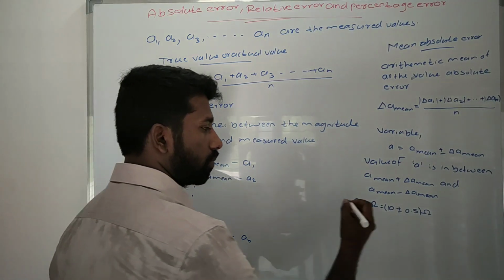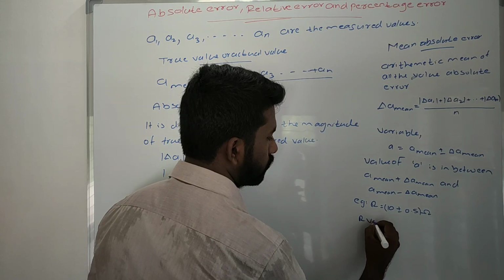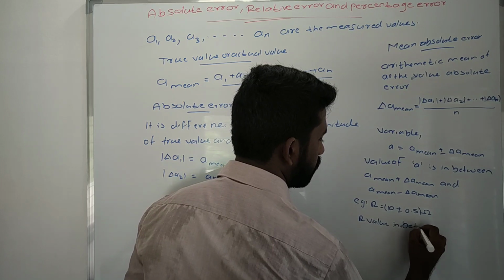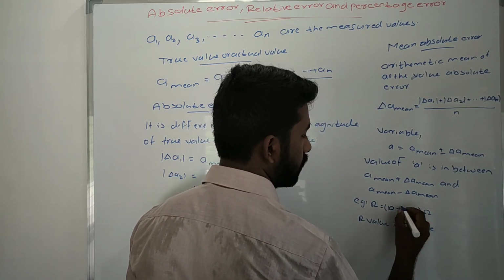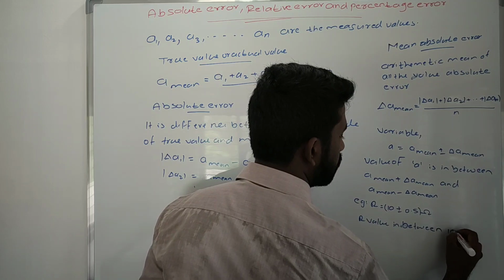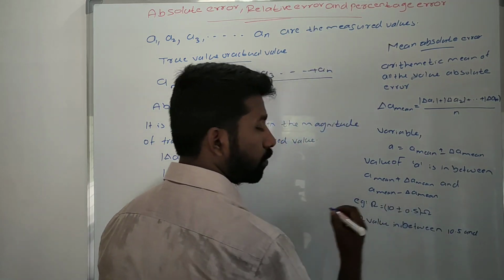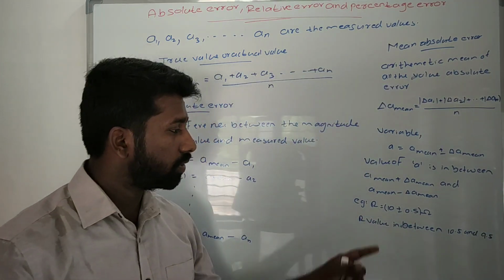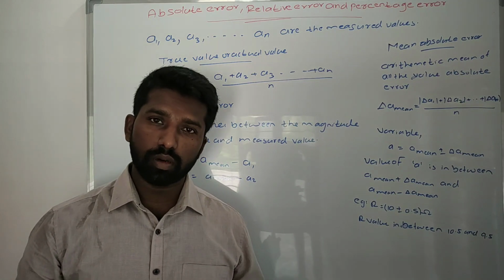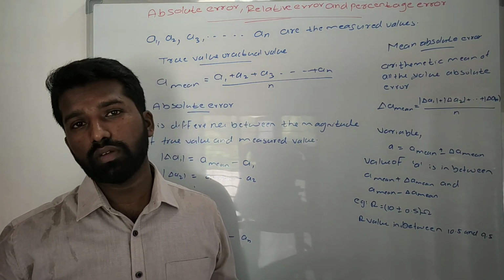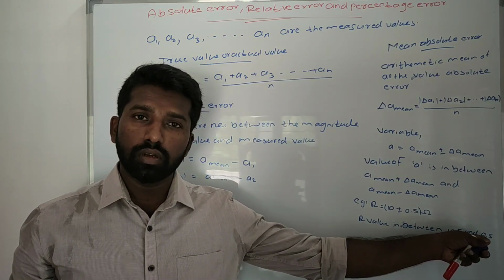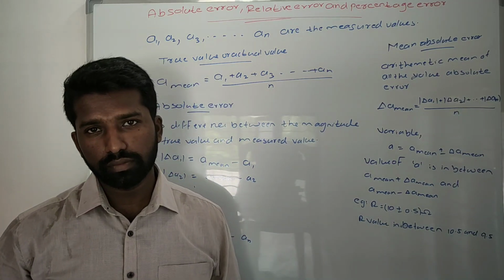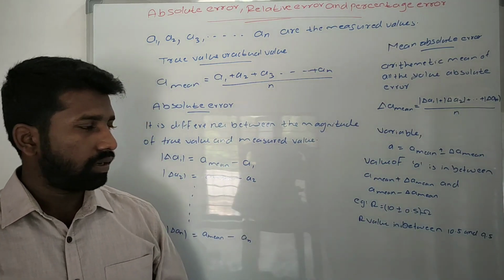If any other person measures, the R value is between 10 plus 0.5, that is 10.5, and it may decrease to 9.5. So another person may get 10.1, 10.2, 10.3, but not 10.6. And 9.6 and 9.7 will come, but 9.4 will not come because it is beyond the limit. Clear? That is the mean absolute error.